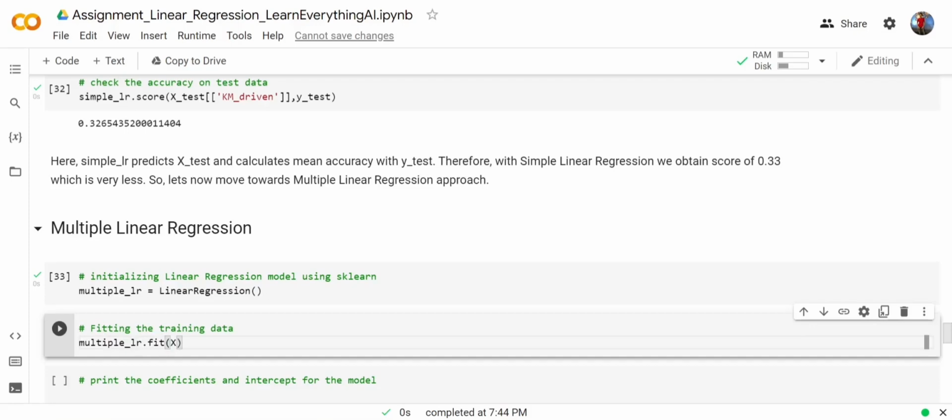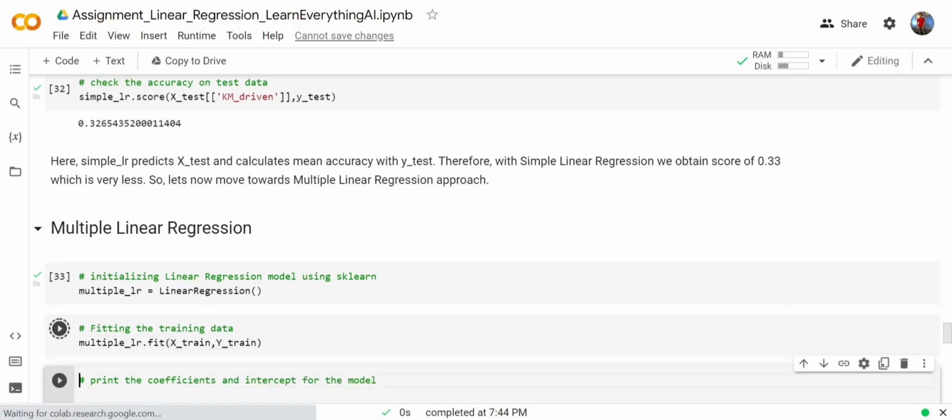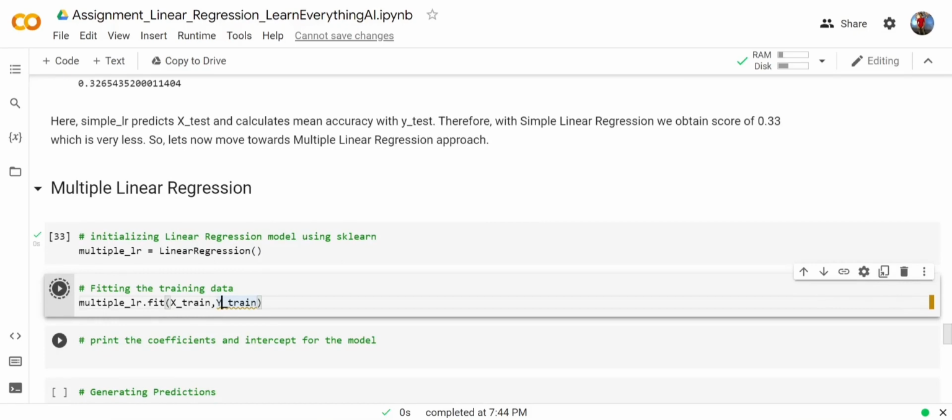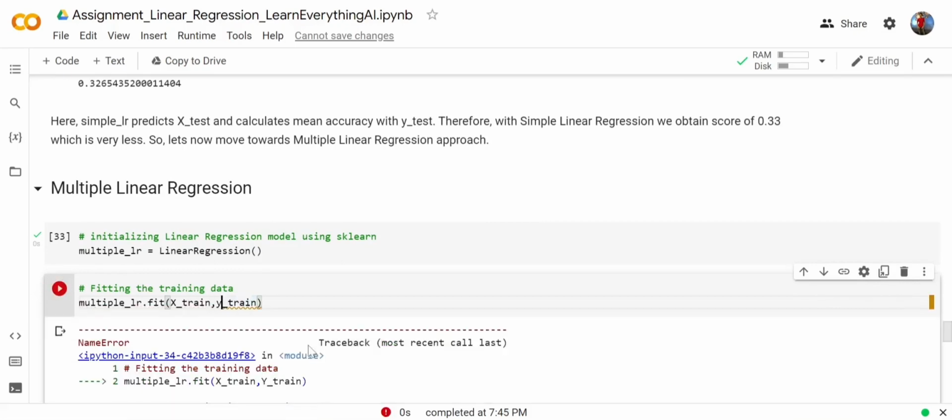And now instead of one particular variable, we fit all the variables that are present in the data set. As you can see the difference. Sorry, we'll get an error here because I made a syntax error.